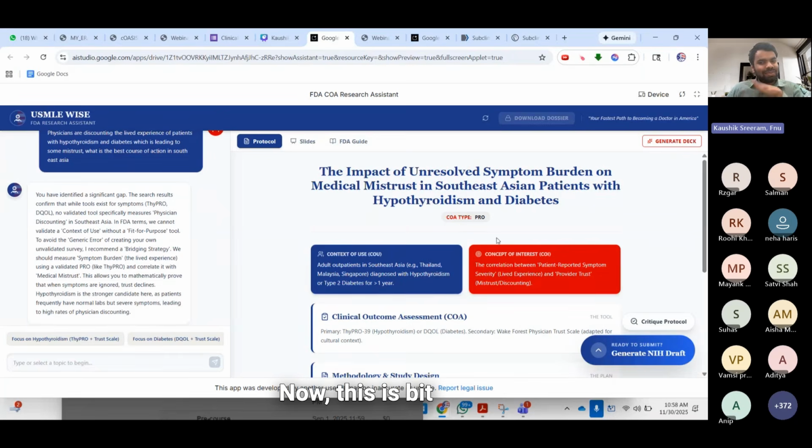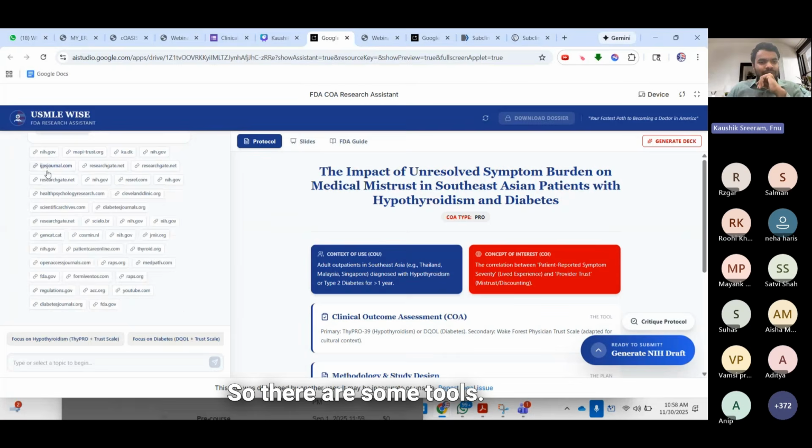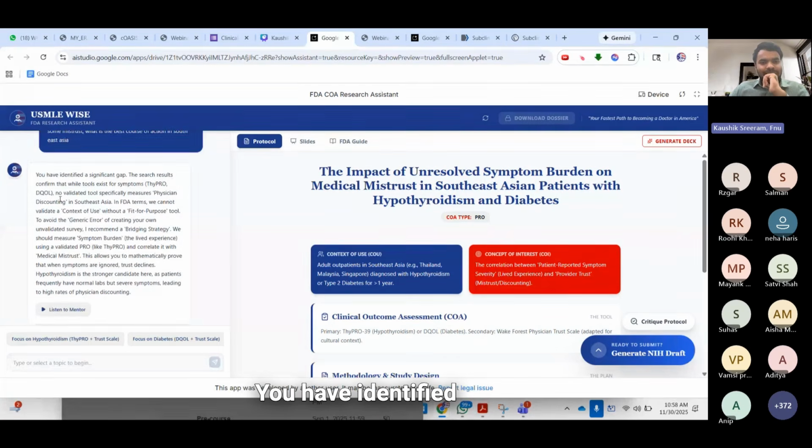Now, this is a bit vague, right? It will give you some interpretation. So there are some tools. You have identified a significant gap. The search result confirms that while tools exist for symptoms, no validated tool specifically measures physician discounting in Southeast Asia. In FDA terms, we cannot validate a context of use without a fit for purpose tool.